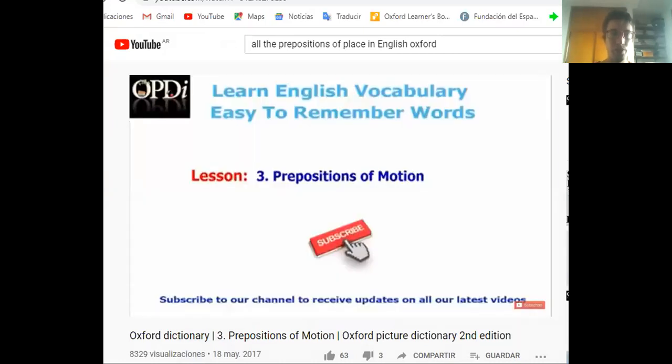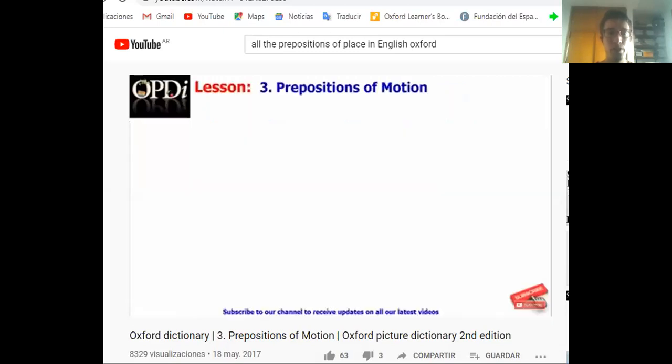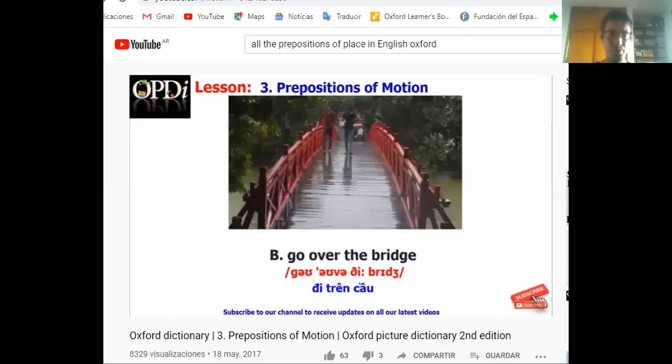Prepositions of motion. Go under the bridge. Go over the bridge.